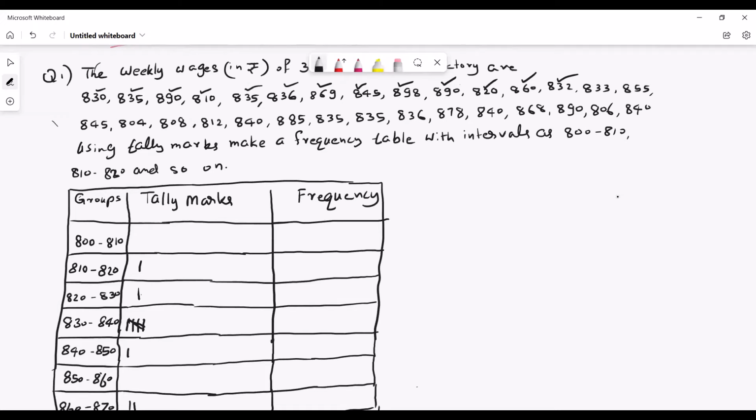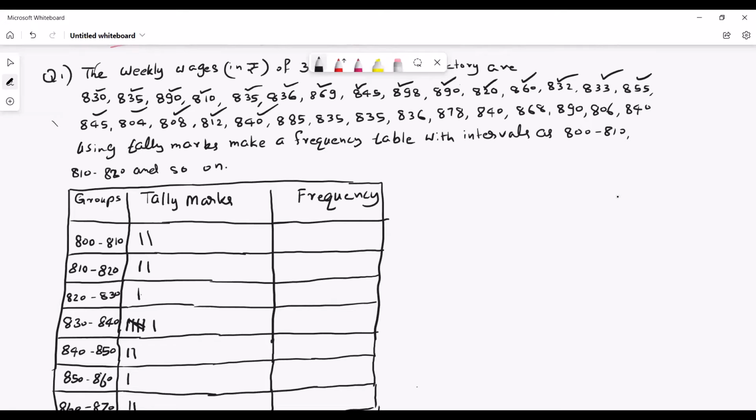Then we are having 833. That also will come here only. Then we are having 855. 855 will come here. Then we are having 845. That will come here. Then we are having 804. That will come here. Then we are having 808. That will come here. We are having 812. That will come here. Then 840.